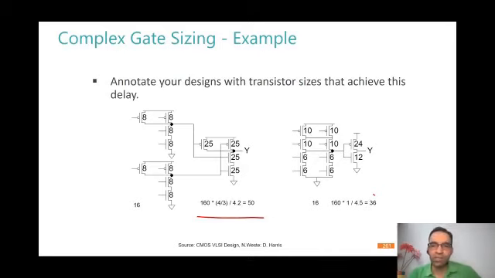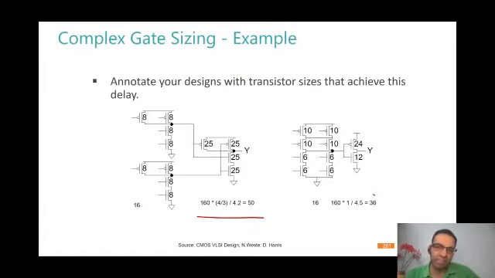In the second case, what is the area? 16 into 4 plus 36. 64 plus 36. 100. So area has reduced so significantly. 164 versus 100.